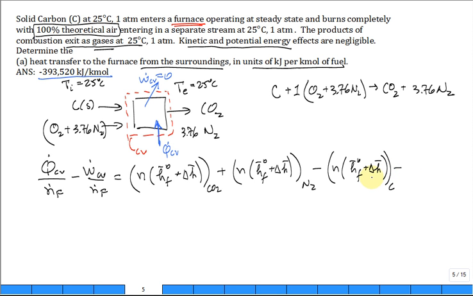I'm going to run out of room, so let me move over here. Minus the enthalpy of formation plus delta H bar, all of that for the oxygen coming in.